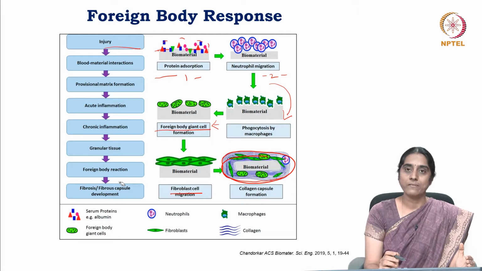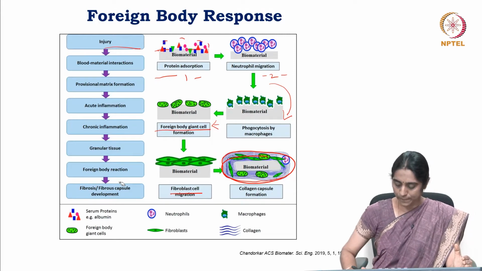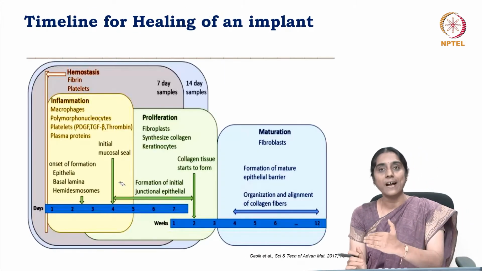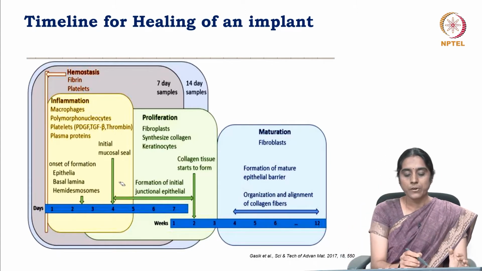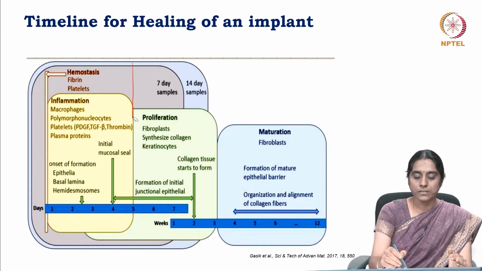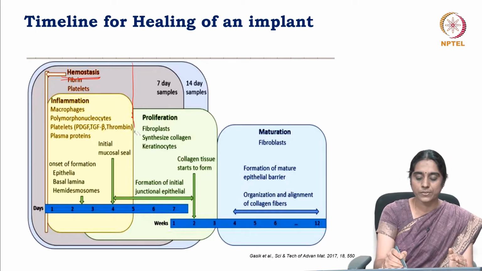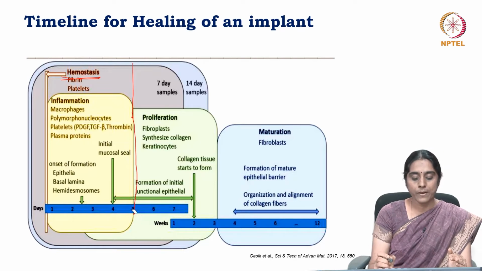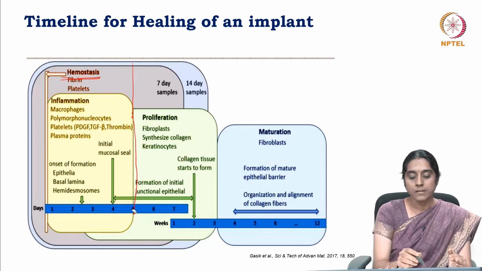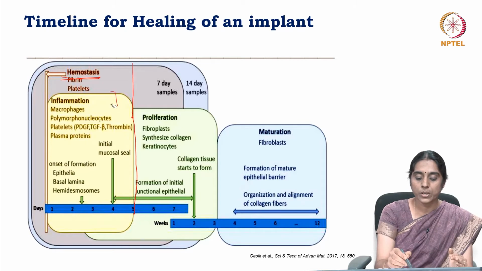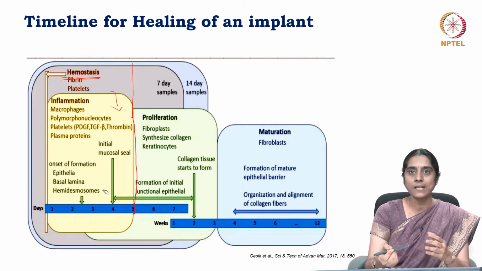capsule development. Okay. So, if you see the timeline of all this, initially hemostasis happens, right? This all happens in the first 5 days of implant placement. That is, acute inflammation ensues within that time.